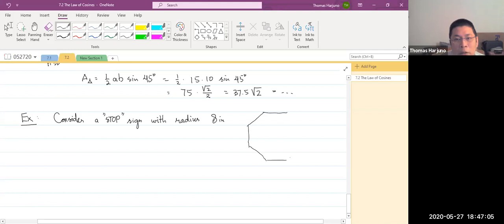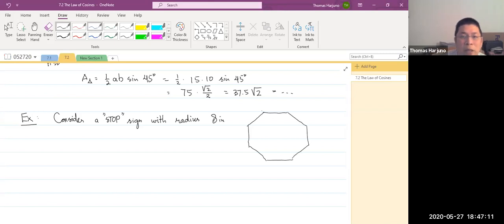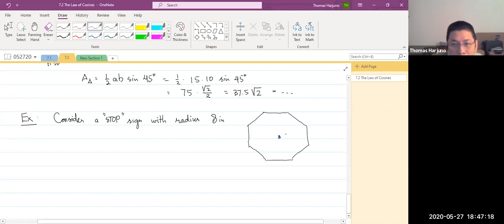I hope you realize that though. If you drive, you're supposed to know this, right? Now when we say the radius is 8 inches, it refers to the distance from the center to the vertex. Okay, the radius. This basically means that this stop sign can be inscribed in a circle with radius 8.